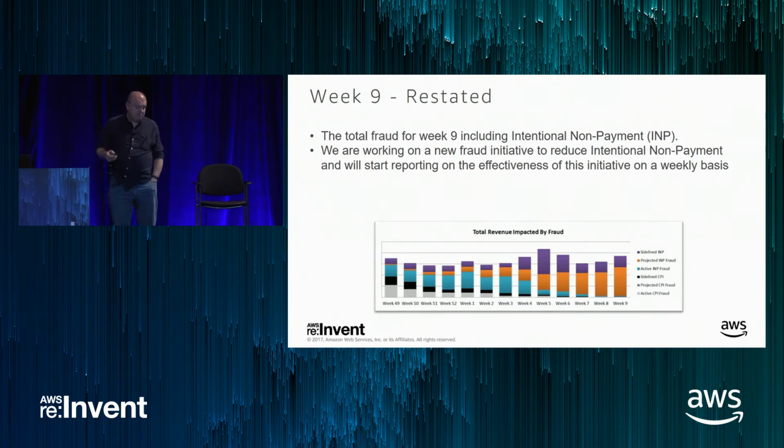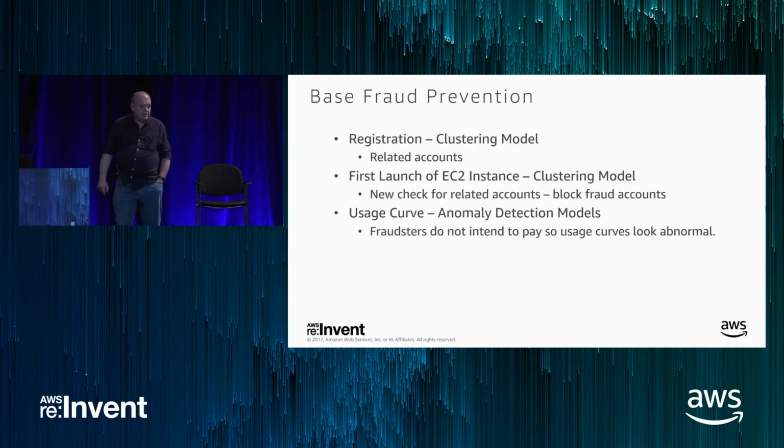We're not. But it doesn't look too bad. The trend isn't like going through the roof yet. So let's go back and let's look at our base models and let's go through our layers. Let's think about this a little bit. So if we look at our layers, we've got registration clustering models that we use, right, for prevention. So let's see if we can tune our clustering models to detect this new type of fraud, to see if we can identify these folks, right?